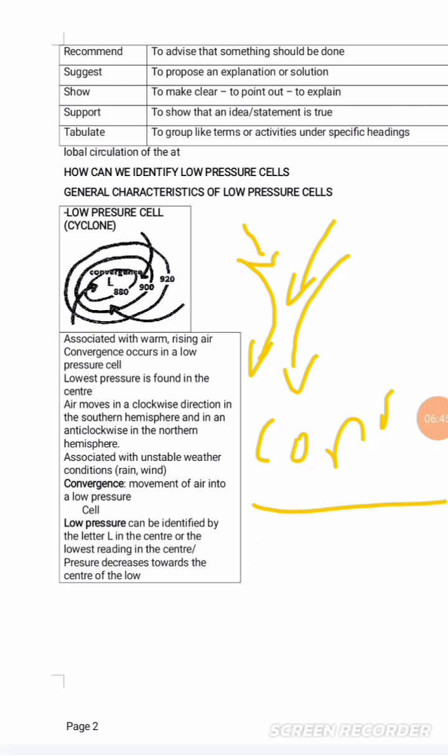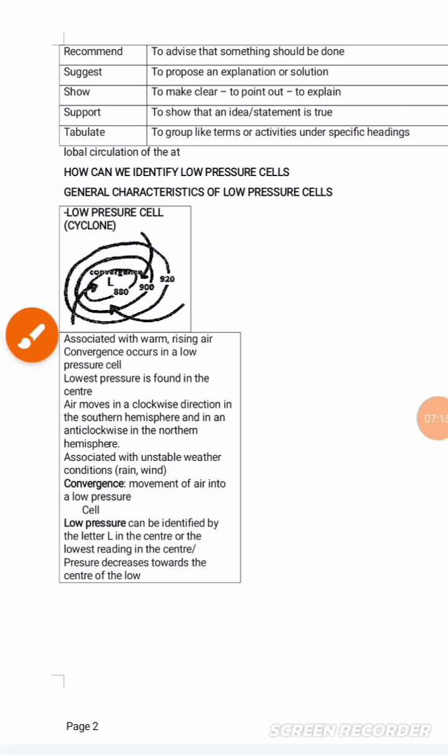Divergence means to move apart from each other. This occurs in high pressure cells, which are called anticyclones. Remember that low pressure cells are called cyclones. So you must be aware of that.